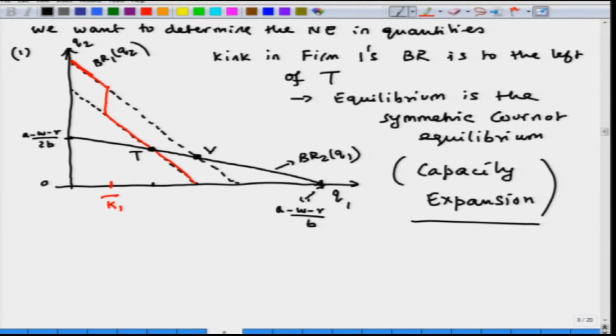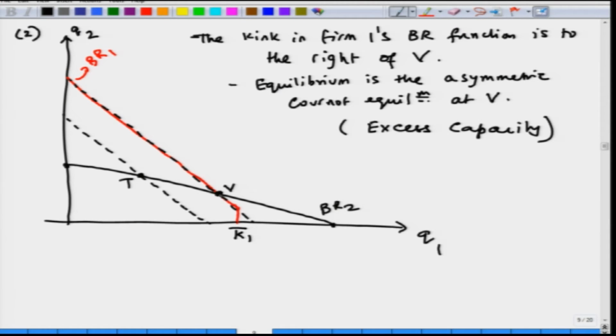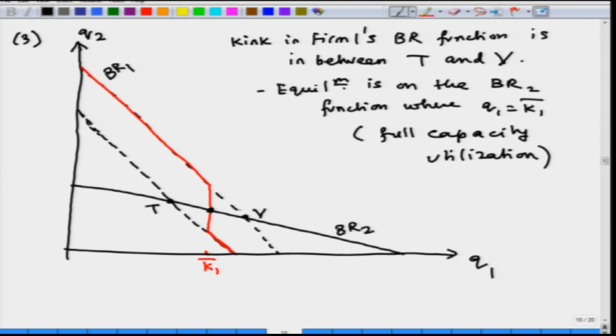In one case the kink is to the left of T, and I have capacity expansion. In one case the kink is to the right of V, so we have excess capacity, and in the third case the kink is in between T and V, so we have full capacity utilization.